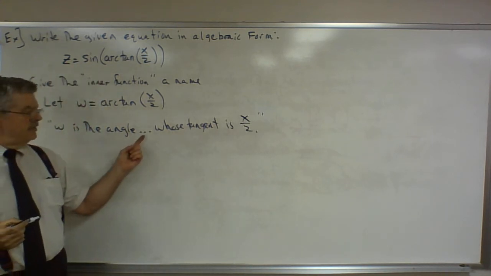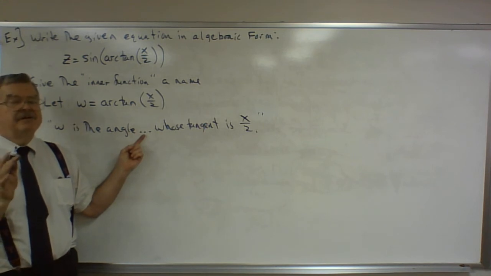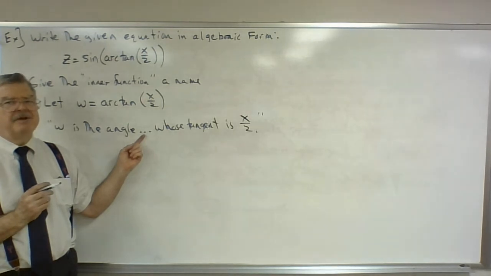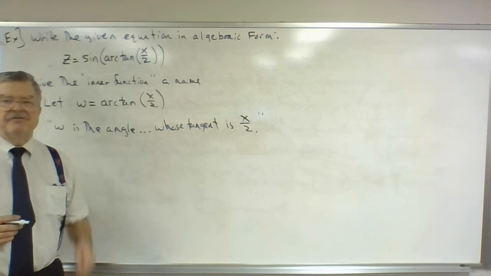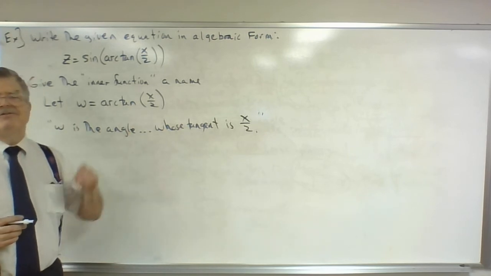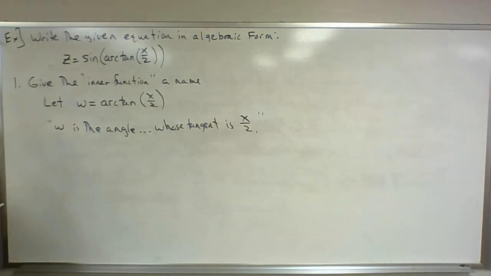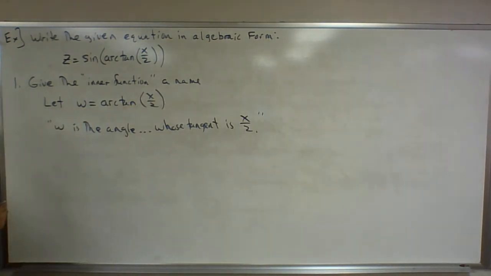And we're not really going to have to worry about the range here because we're going to work with right triangles. And if we're working with right triangles, we don't have to worry about pi over 6, 13 pi over 6, 25 pi over 6, and so forth. So W is the angle whose tangent is x over 2. Looks good.